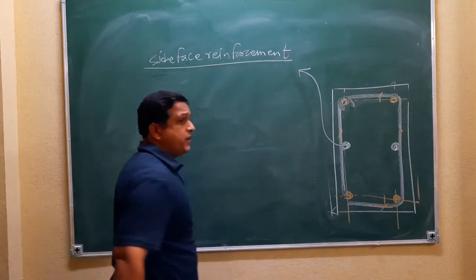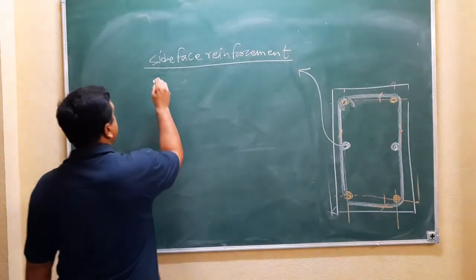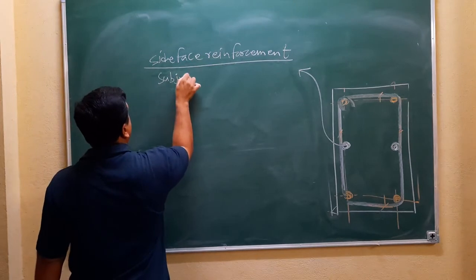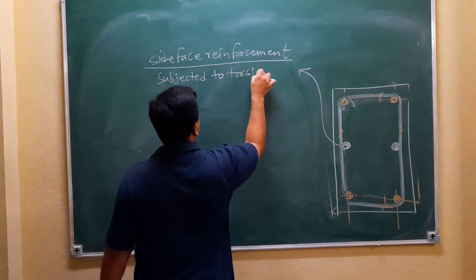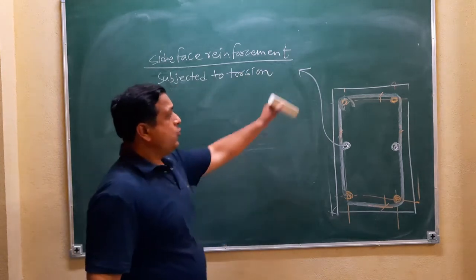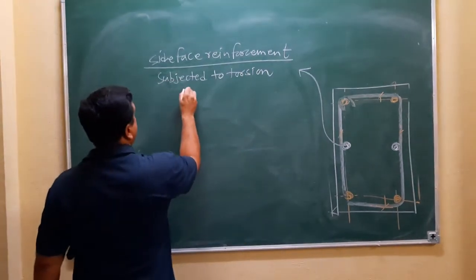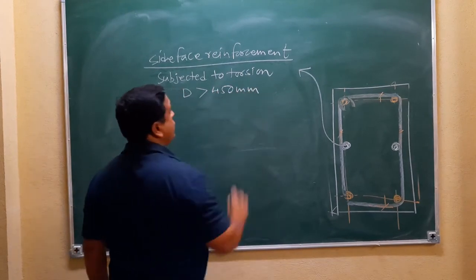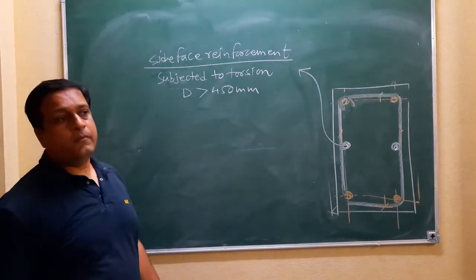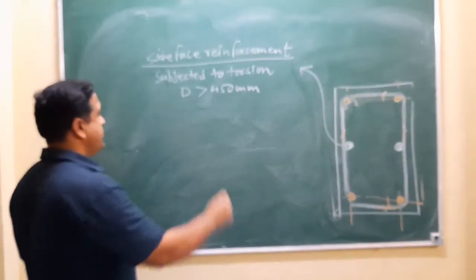When the beam is subjected to torsion, and the overall depth of the beam is more than 450 mm, then side face reinforcement is provided.